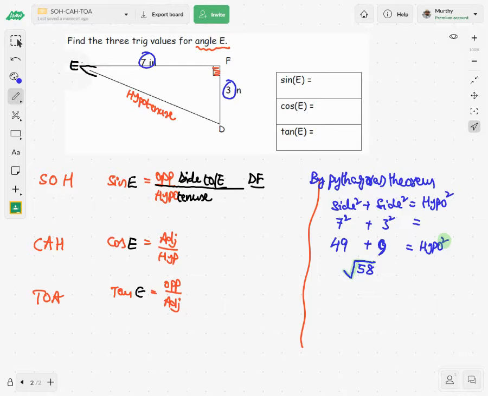You know the square root of 36 is 6, and the square root of 25 you can compute. But the square root of 58 is not a proper integer. So you may leave it as it is, square root 58, or else convert into decimals, which gives approximately 7.6. Here I'm not bothered to convert into decimals, I'm just leaving it as square root of 58.